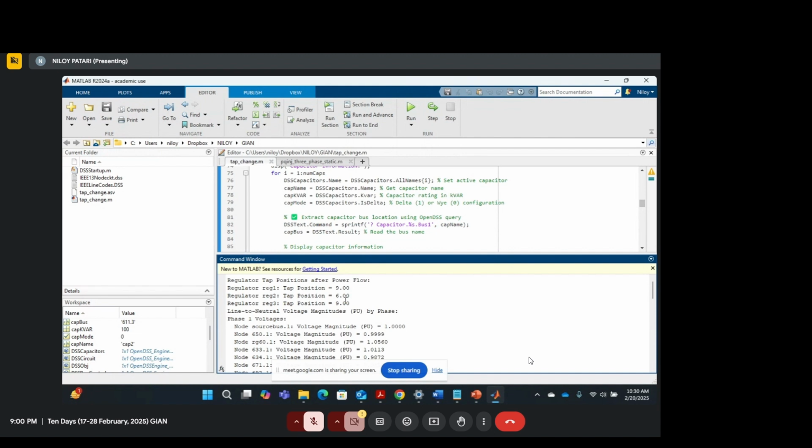Now think of it this way: you have an optimization problem written in MATLAB or Python, and you are running a one-day scenario or one-day power flow in OpenDSS. At every instant, OpenDSS will send voltage measurements or whatever measurements you need for the optimization approach. The optimization approach will give you set points, and those set points will be sent back to OpenDSS, right? And it will improve voltage or whatever happens.